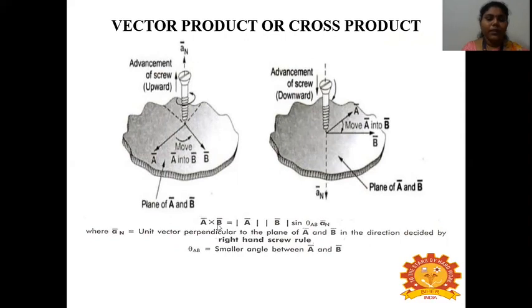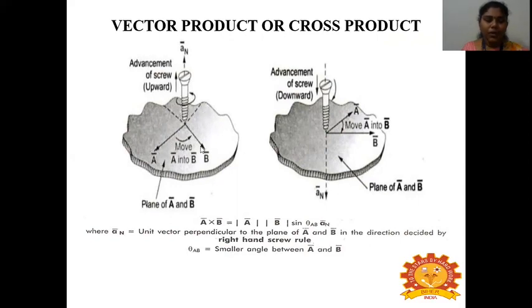So the formula is: A cross B vector is obtained by modulus of A vector, modulus of B vector, into sine theta of AB, into unit vector AN. The direction of AN depends upon the movement of the two vectors. If A is moved into B in an upward direction, then AN will be in the upward direction.